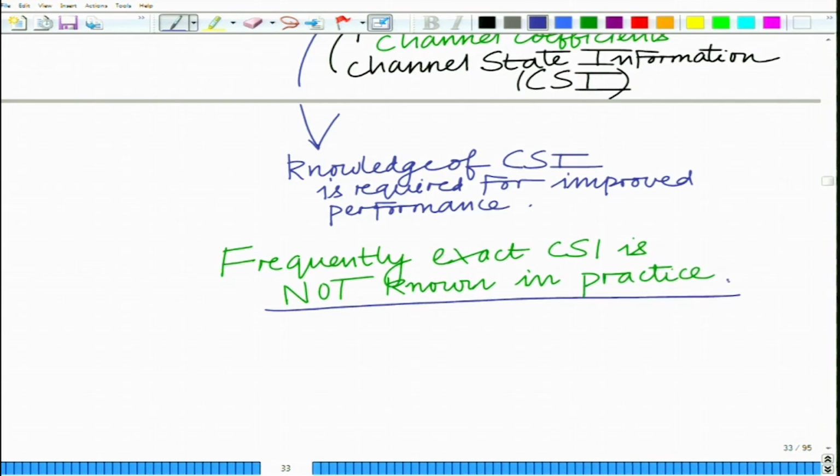Now, what is known, because remember these channel coefficients have to be estimated, and whenever you estimate them there is going to be an estimation error. So, only approximate values of these channel coefficients are known, that is, the estimates of these channel coefficients are frequently known in practice.